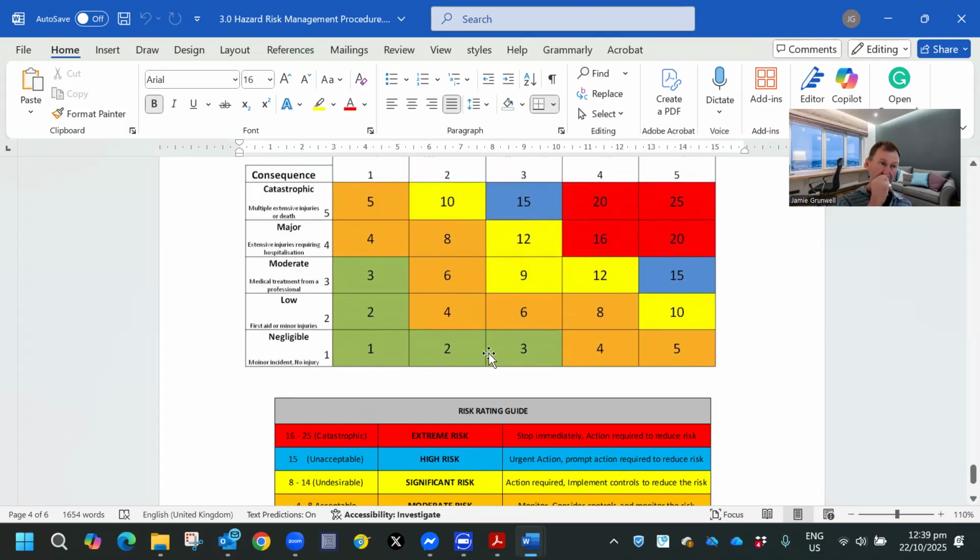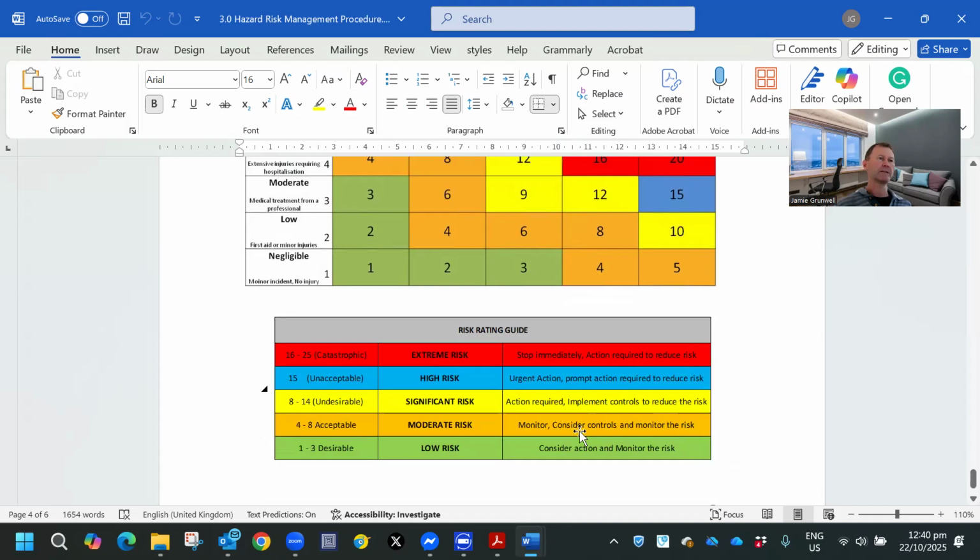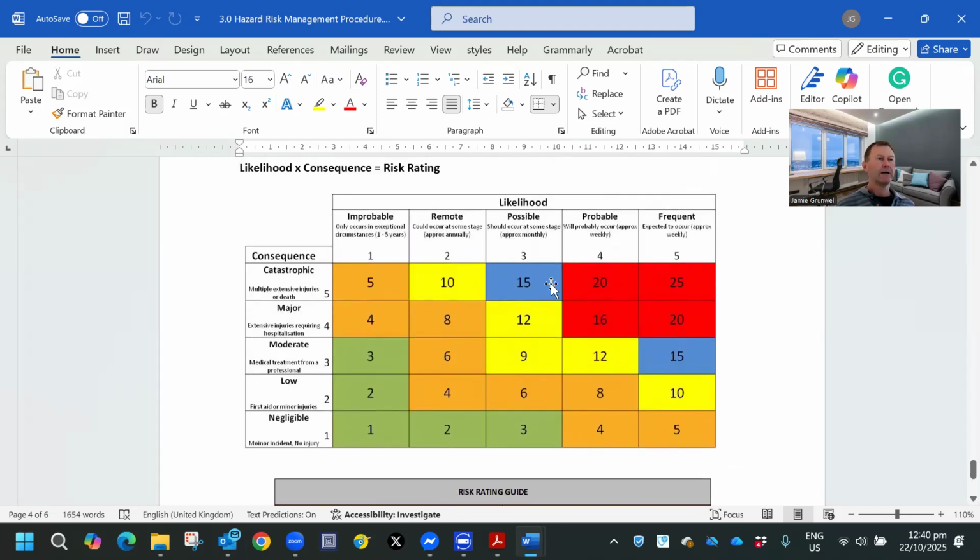Now, when you get a hazard or an incident, you can do the risk rating to see what you need to do, whether you need to control it immediately under extreme risk, or it's a low risk. And then you add it to your hazard register or your incident register.